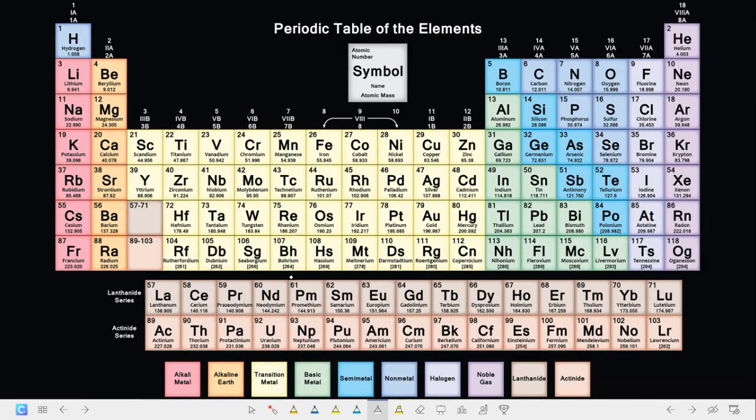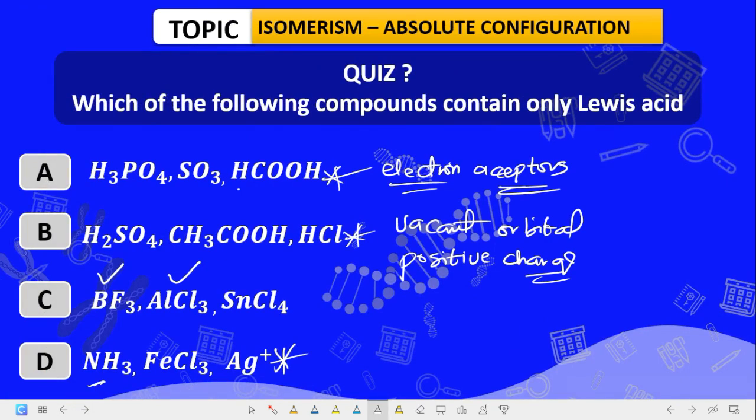I think tin is group 4. Tin is group 4, so it has 4 valence electrons. Now, does that mean Lewis acids are electron acceptors? Tin chloride, if you draw the electronic configuration of tin chloride, it becomes something like this, which of course has a balanced orbital.